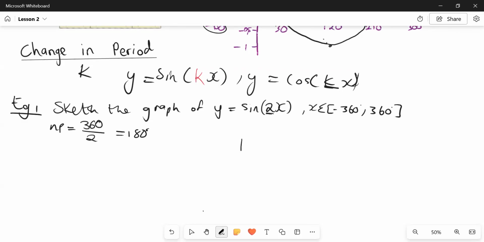Now let me draw the graph so that I can show you what I mean by that.